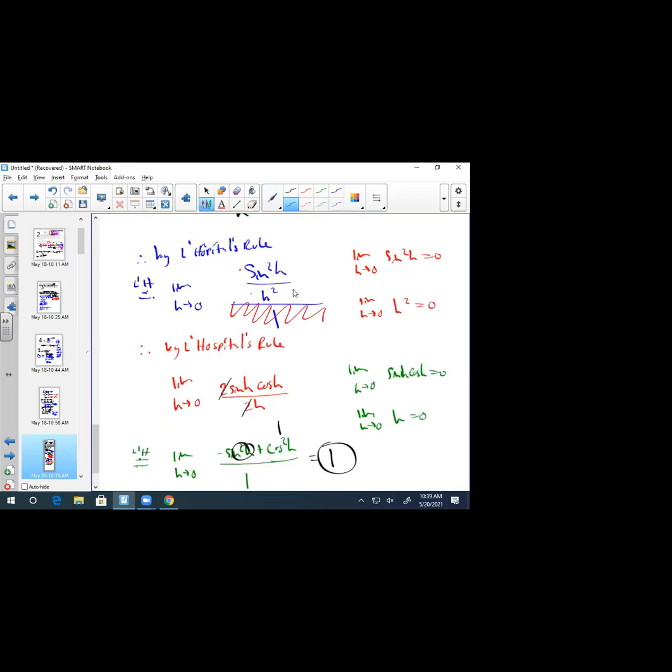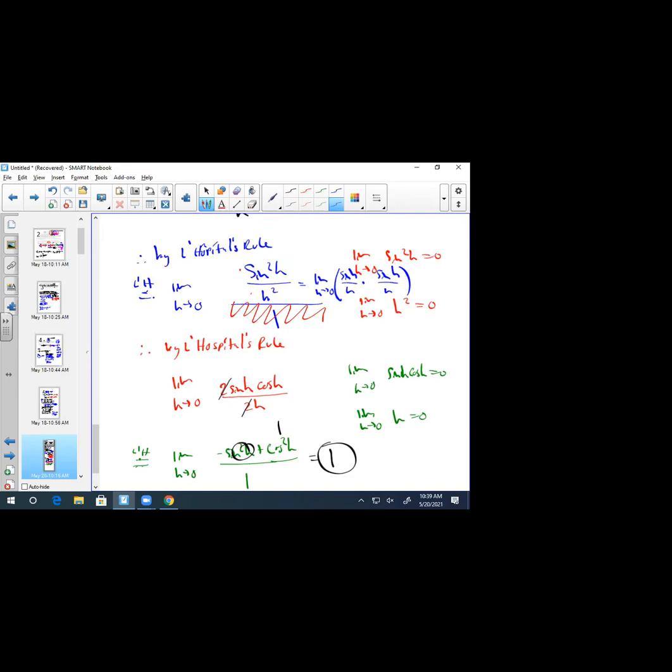So at this point right here in the blue, do you see how this is equal to limit as h approaches 0 of sine h over h times sine h over h? Each of those we know is equal to 1 by definition. You learned that last year. So you could have applied the limit there without continuing to use L'Hopital's rule.